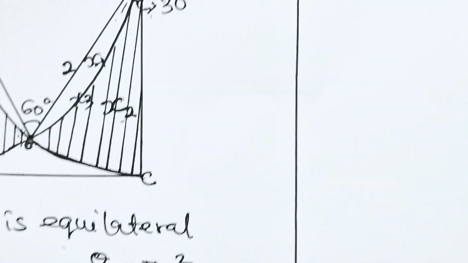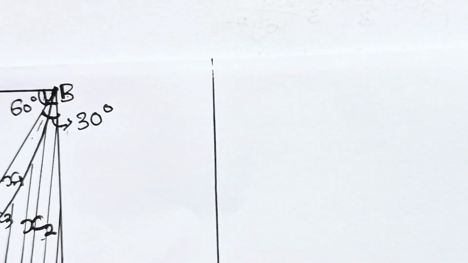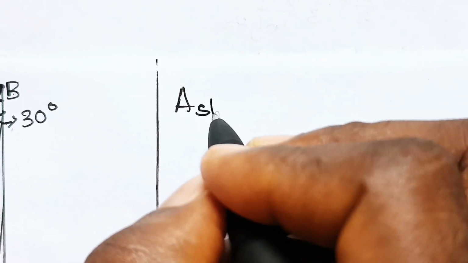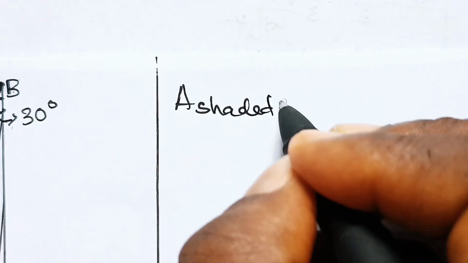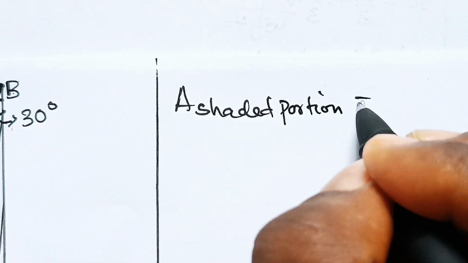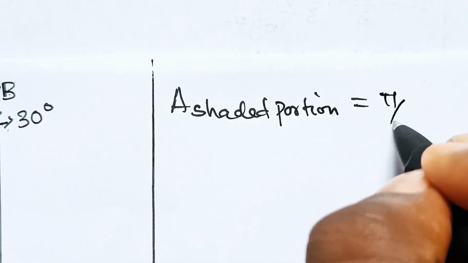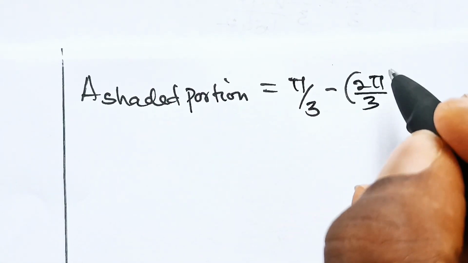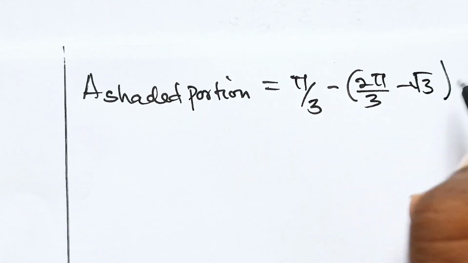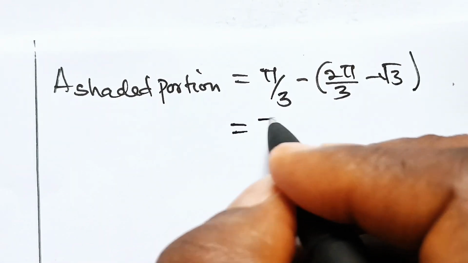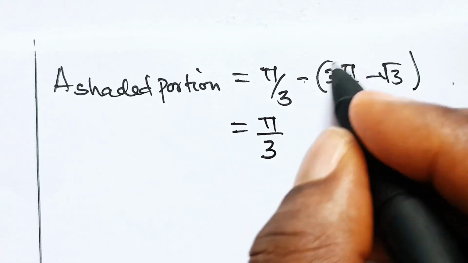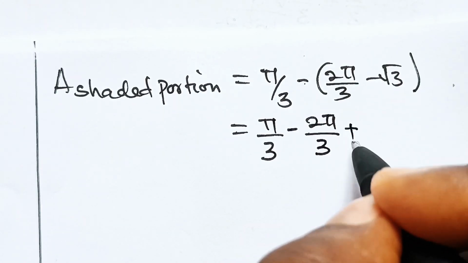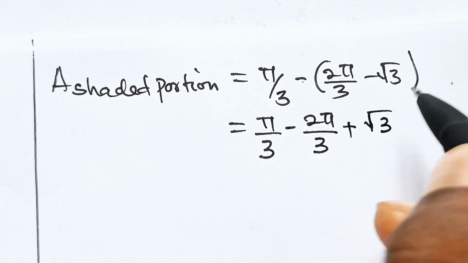Now, this is what we have. The area of the shaded portion will be equal to pi over 3 minus 2 pi over 3 minus root 3. So this is equal to pi over 3 minus times this gives minus 2 pi over 3, and minus times minus is plus, and we have root 3.